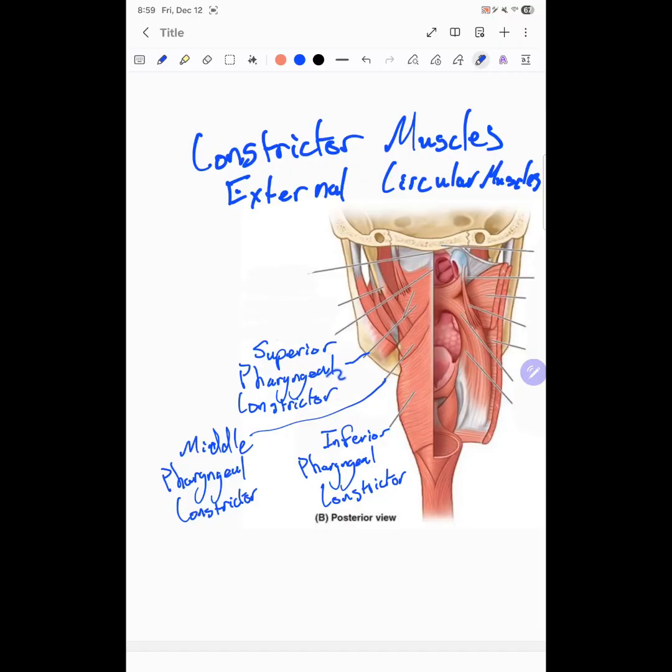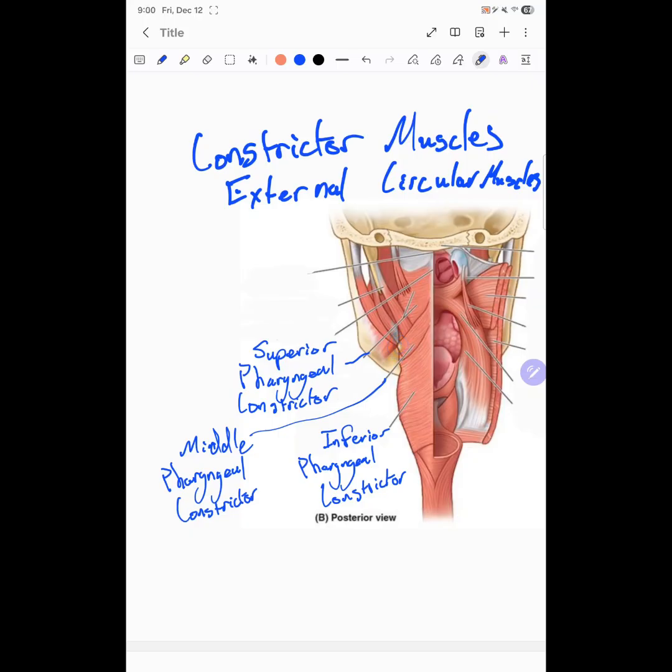The superior pharyngeal constrictor is going to originate on the pterygoid hamulus and the pterygomandibular raphe. It's going to insert on the pharyngeal tubercle on the basilar part of the occipital bone. The middle pharyngeal constrictor is going to originate on the stylohyoid ligament and the greater and lesser horns of the hyoid, which I think you can see right there.